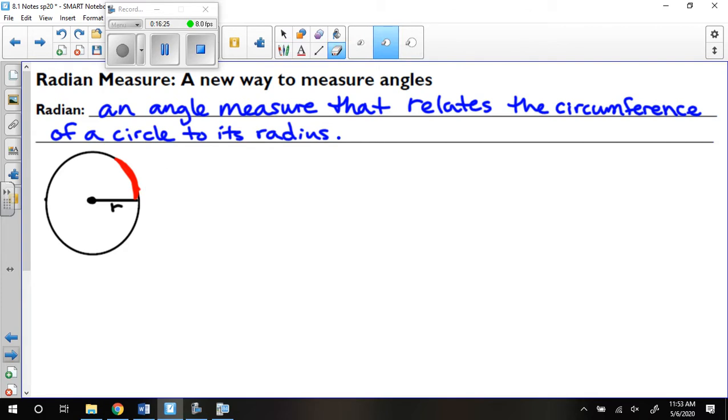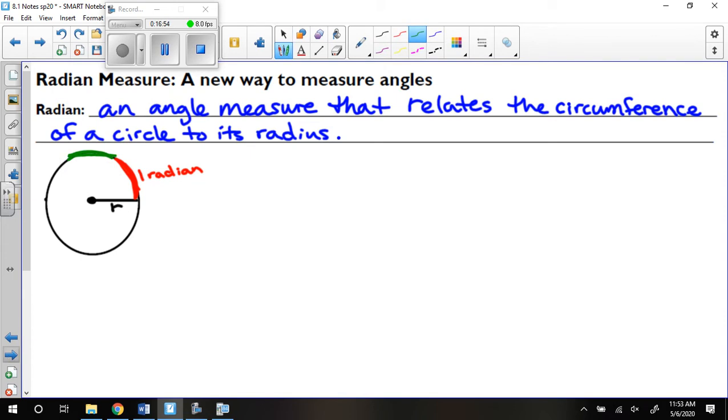So that would be 1 radian, because I took the radius and put it on the circumference of the circle. It measures 1 radian. Now I'm going to do this again, taking my radius length and putting it up here on my circumference.